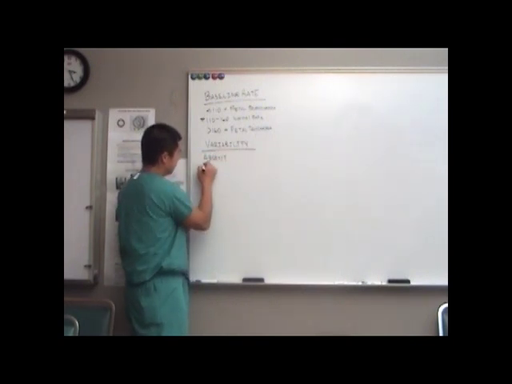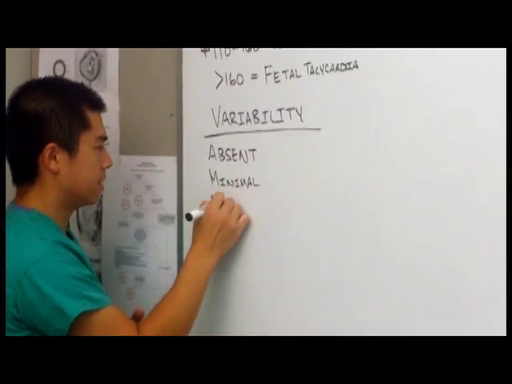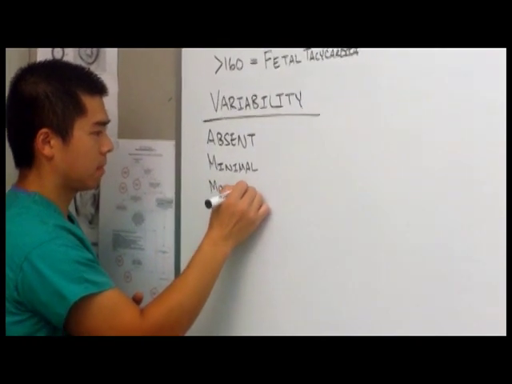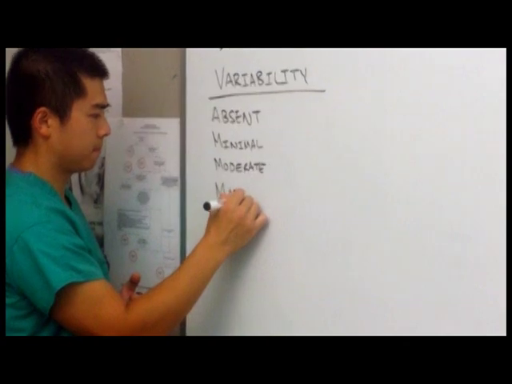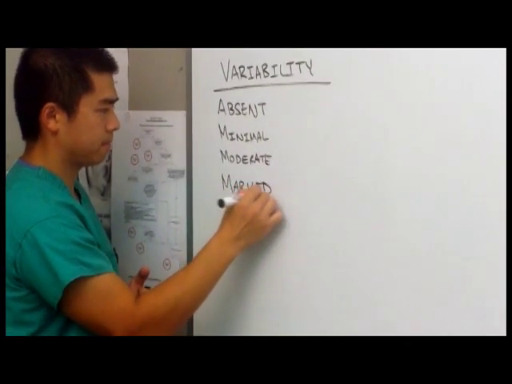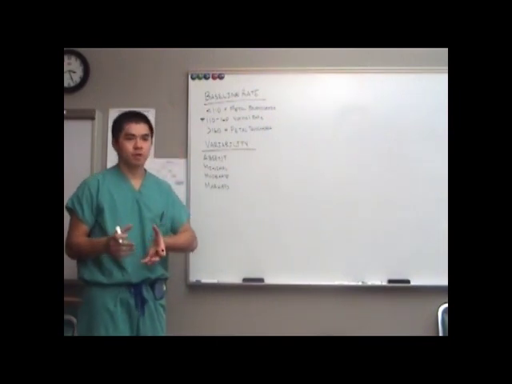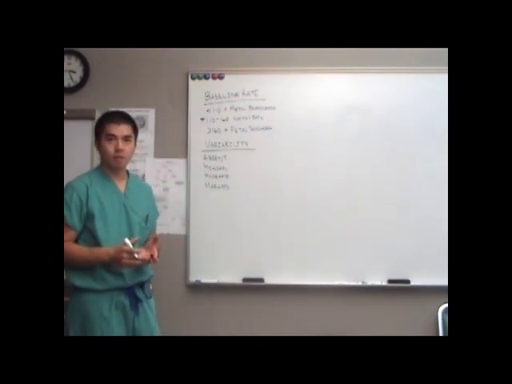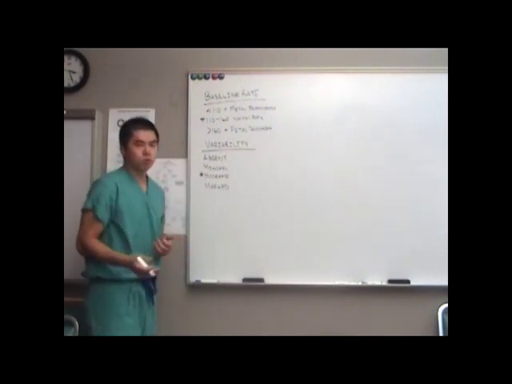Yep, absent, minimal, moderate, and marked. What's the only type of variability that we like? Correct, moderate.